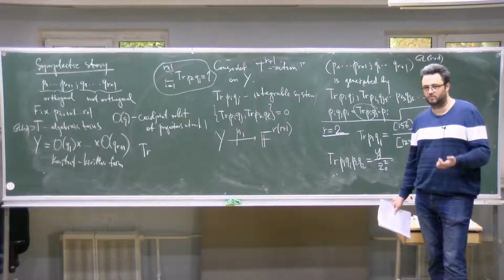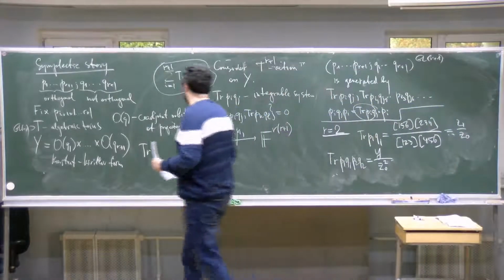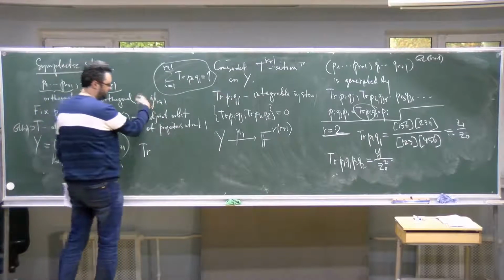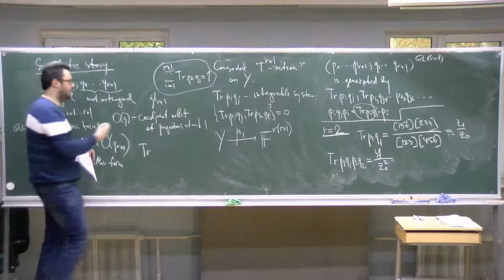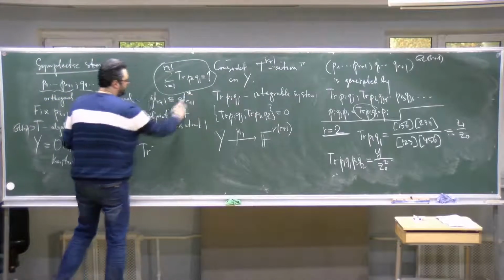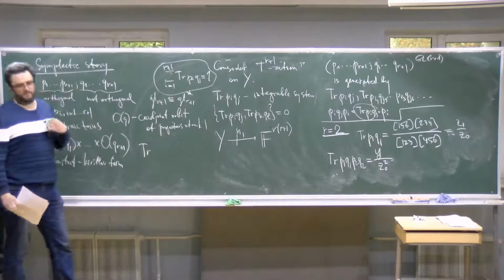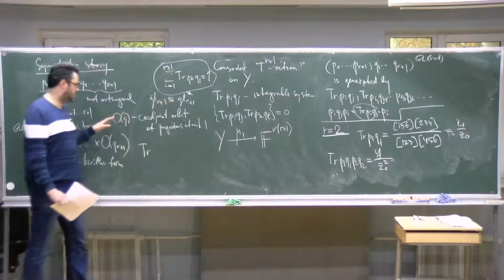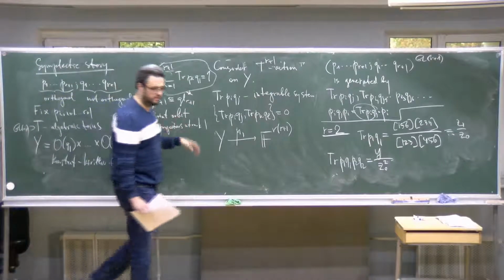Using the trace form on the algebra GL, there is a non-degenerate trace form, so I can get the following identification. Using this identification, I can identify the coadjoint orbit and the adjoint orbit.